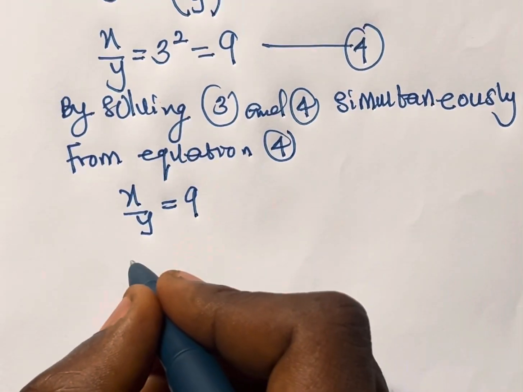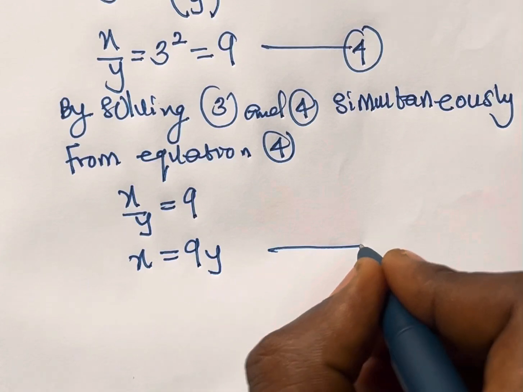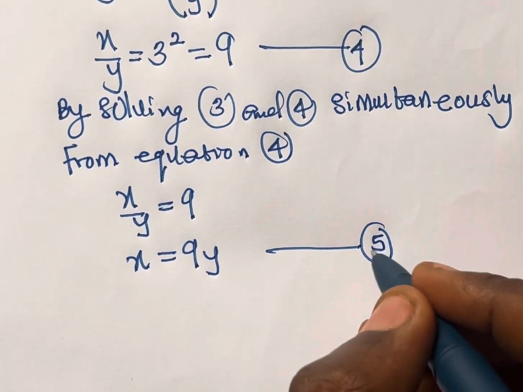If we cross multiply, we have x is equal to 9y. Let's number this equation 5.